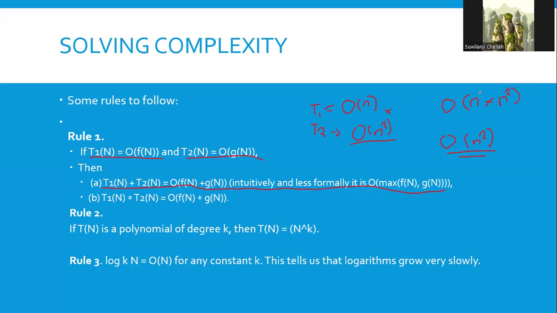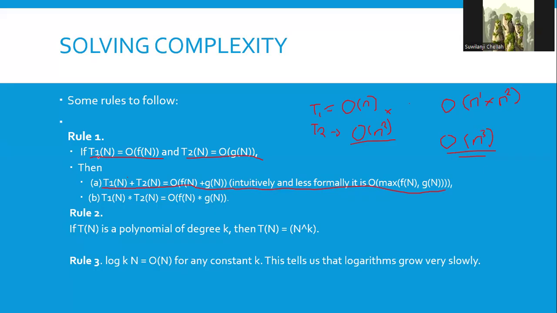The rule of indices says that here we have n to the power 1 multiplied by n to the power 2, and we are multiplying with the same base but different powers, so we add the powers. Our final answer is going to be n to the power 3.